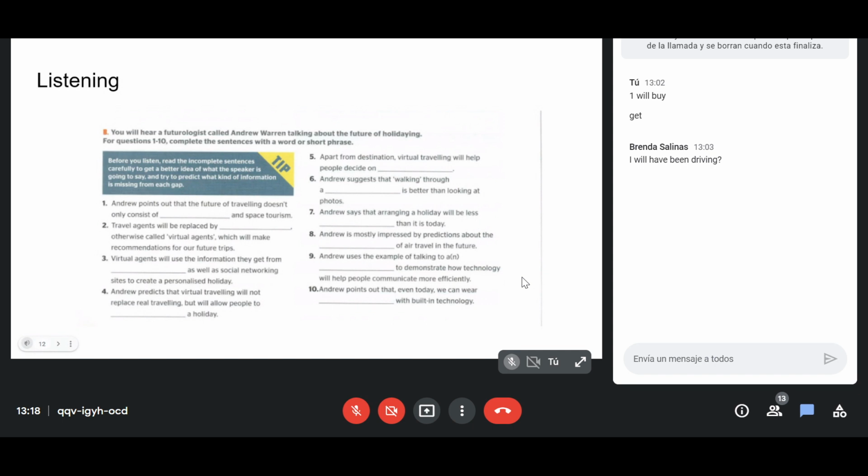So I will give you 2 minutes to read these 10 sentences, and then we will repeat the listening. All right? So read the sentences, and I will play it again in 2 minutes.